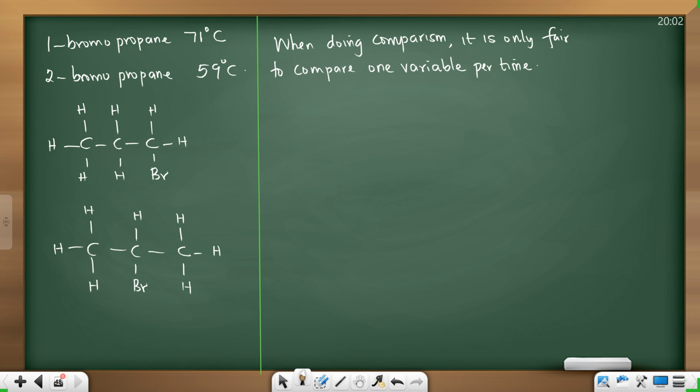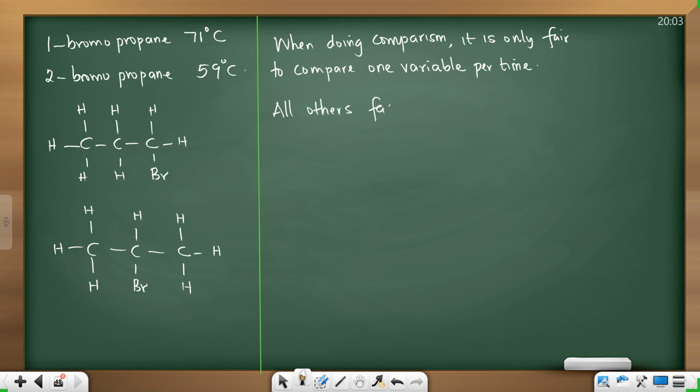You cannot compare chain length and functional group. That's unfair. All right? So if you are comparing, you compare just 1 variable per time. This is what makes an investigation fair. This is very important. All other factors must be kept constant.